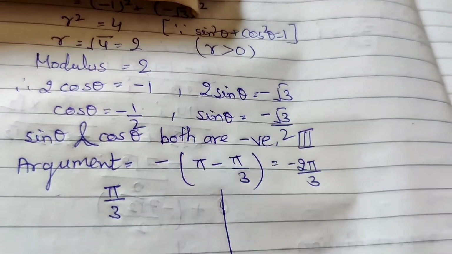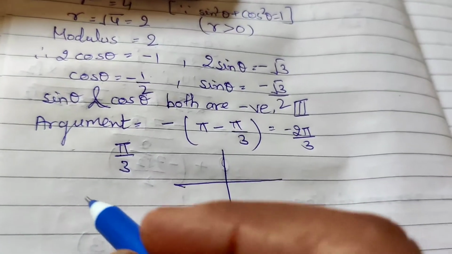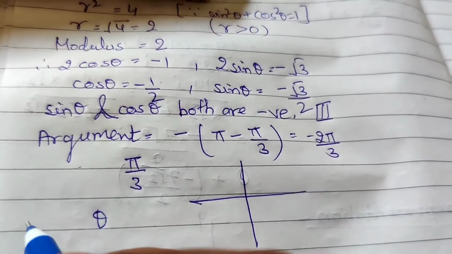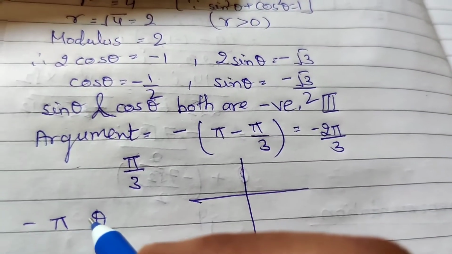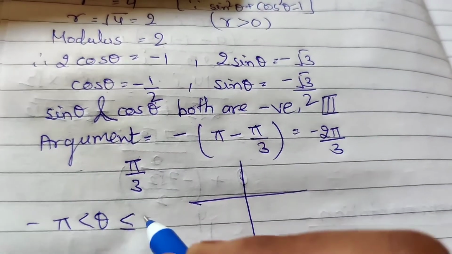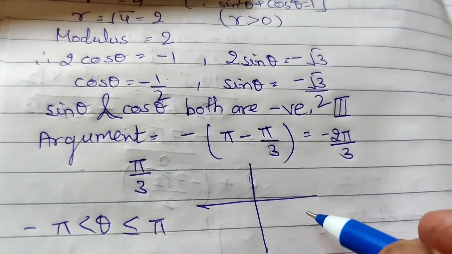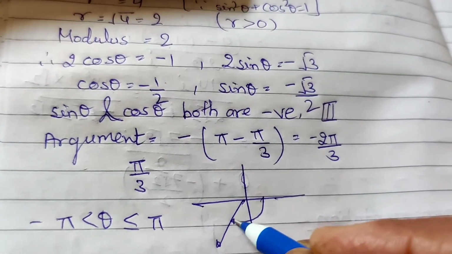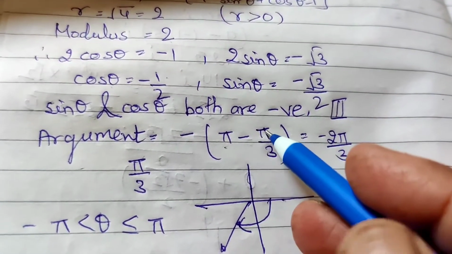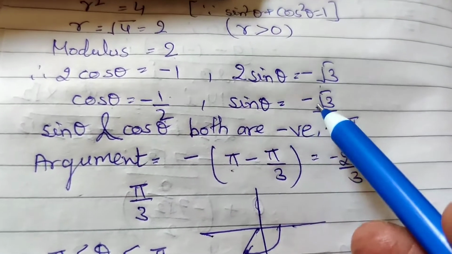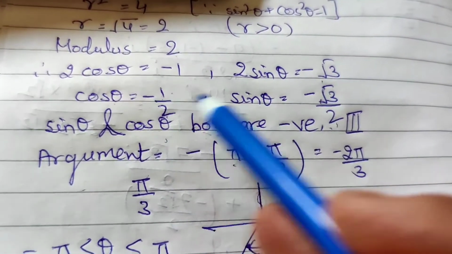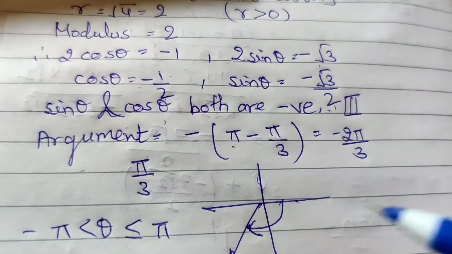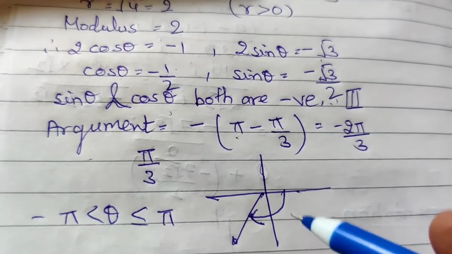And for the argument in the third quadrant, when theta lies between -π to +π, the argument in this third quadrant is like this. Therefore, we take π minus π by 3. π by 3 is 60 degrees, where sin is √3 by 2 and cos is 1 by 2. Therefore, it is in the third quadrant like this.